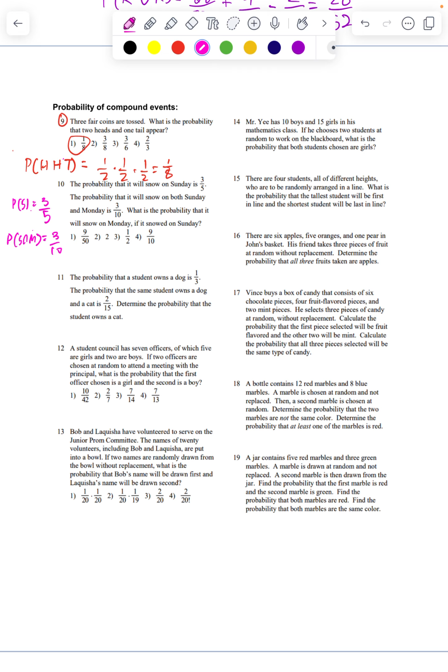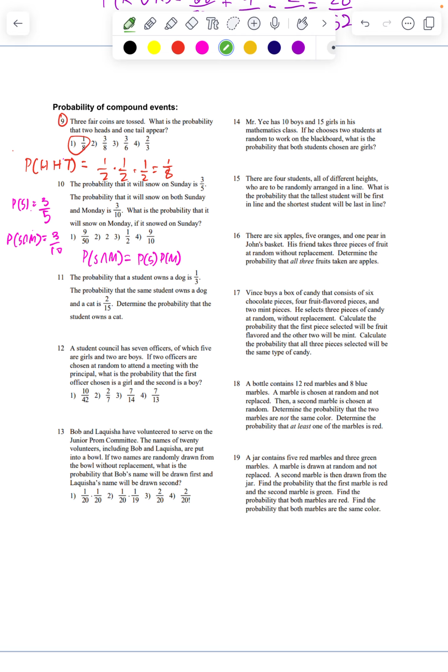So this is basically just a formula. It's an independence formula, something that's given to you on the Regents. The formula is P of S intersection M equals P of S times P of M. Now we have most of that information here. Now we just have to solve.